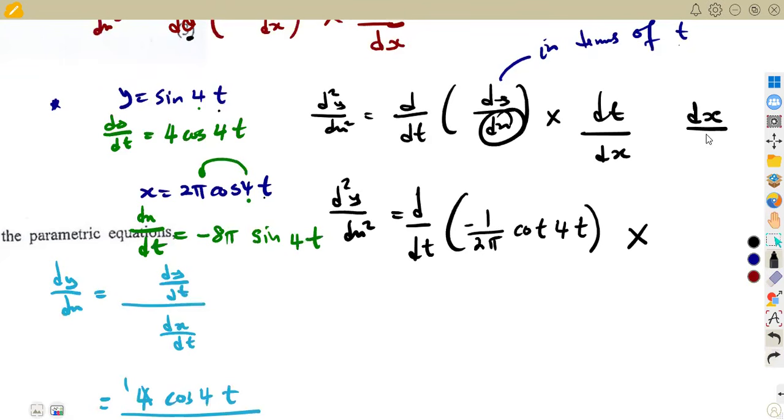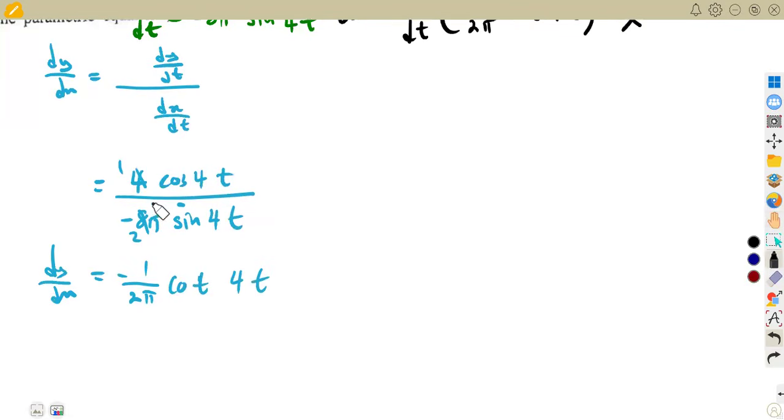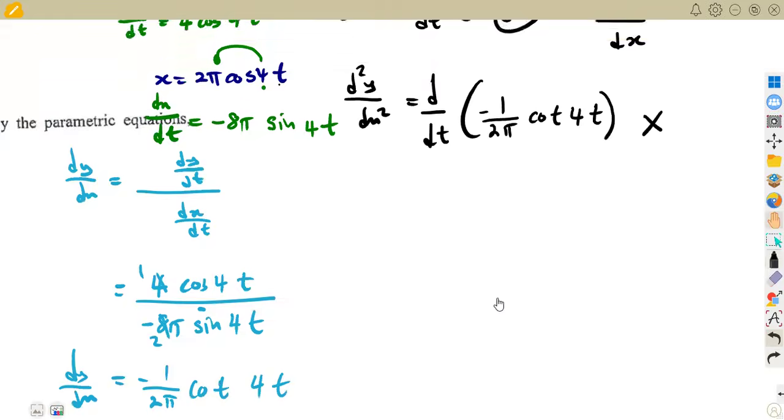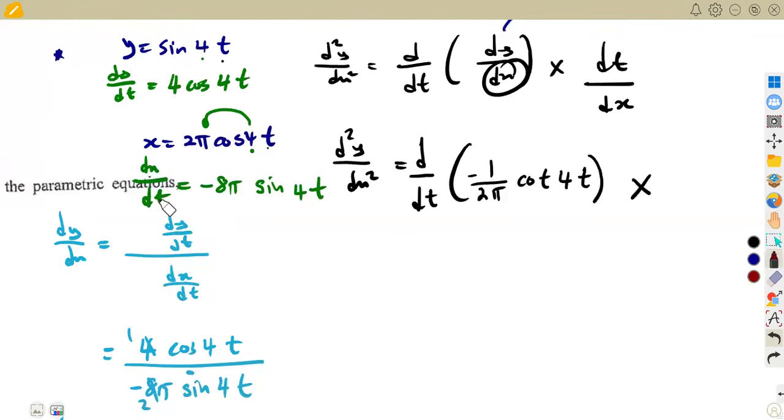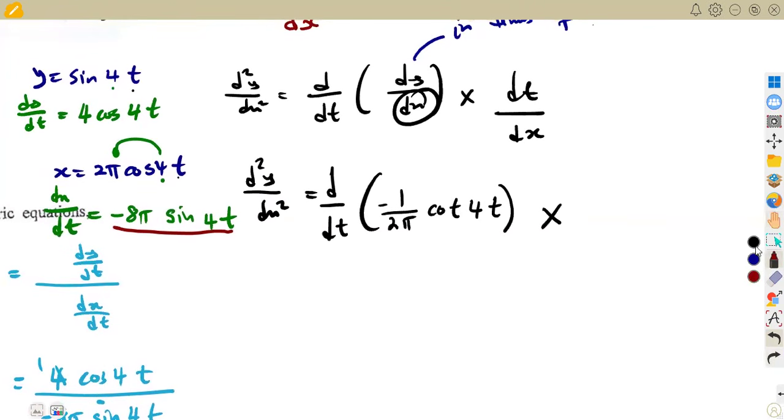Remember, we had dx/dt. To have dt/dx, it's just an inverse, 1 over what you have. This is your dx/dt here. We calculated our dy/dx here, where we had x. dx/dt is the same as over 1, so if I want dt/dx, I'm just interchanging, 1 over it. So dt/dx is the inverse of dx/dt.